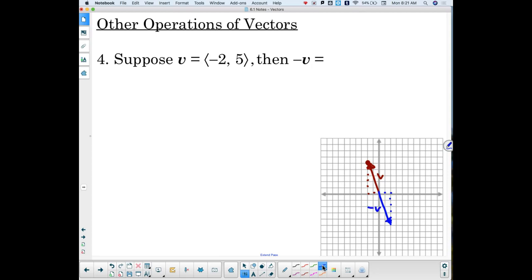So the opposite of v in component form would be <2, -5>. Notice they have the same magnitude, the same length. They just go in opposite directions.